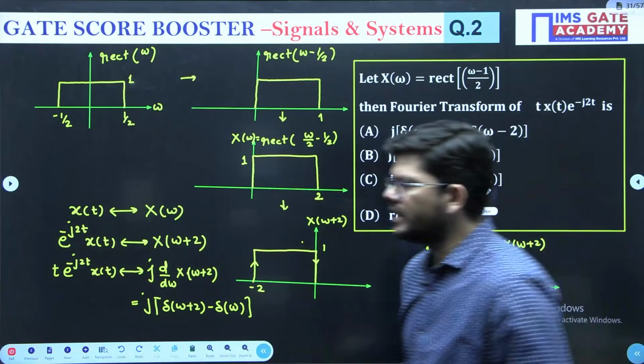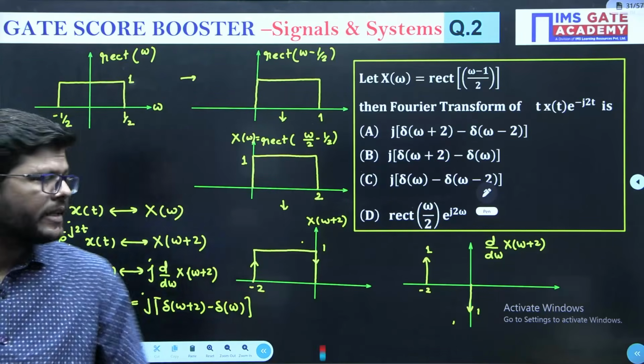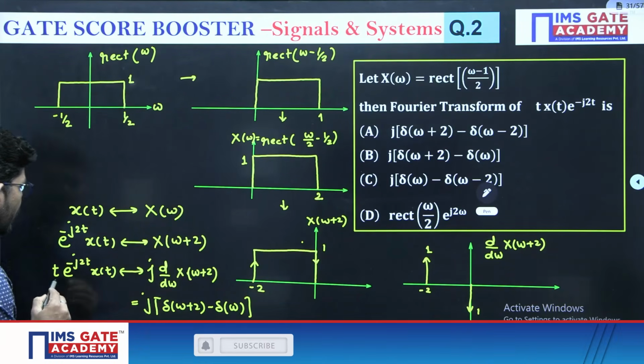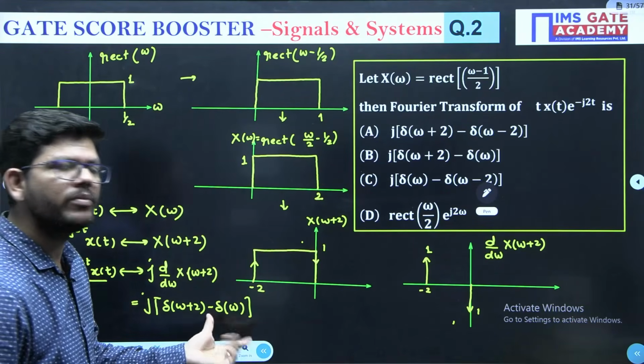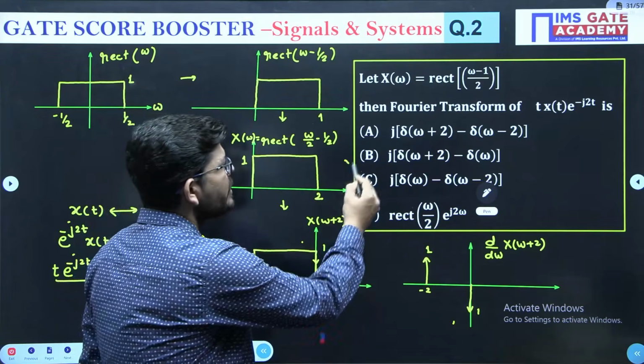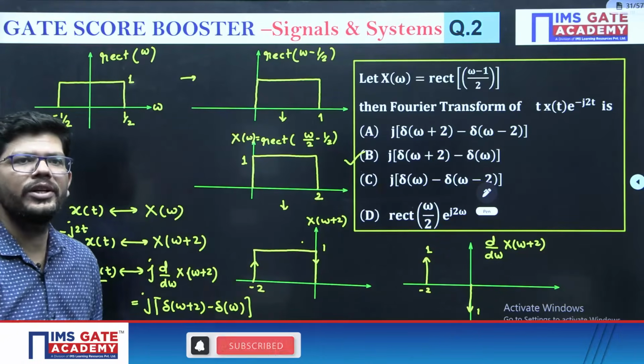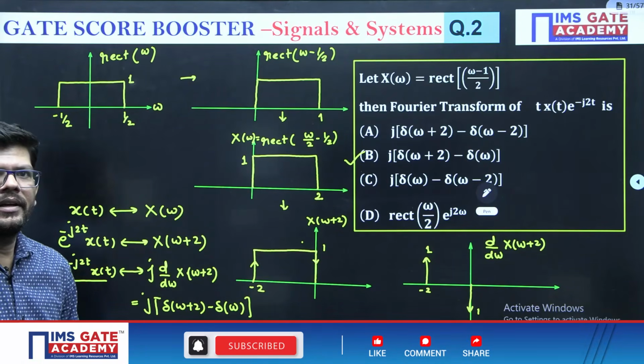Okay, and I think we got our answer, isn't it? This is what we are trying to find, t e to the power minus j2t x of t. So it is j delta omega plus 2 minus delta omega, which is given in option number B, and that is going to be the right answer, right?